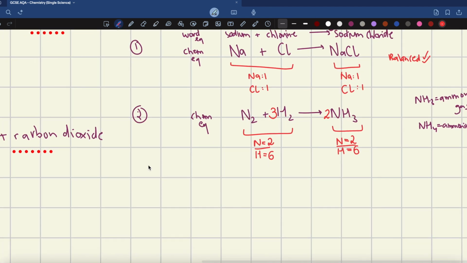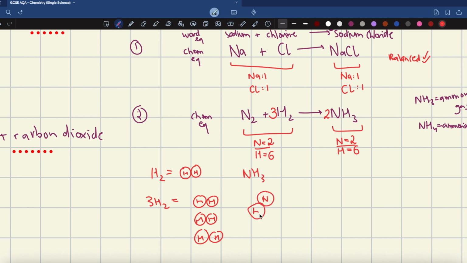Let me make it easier for you. When there is H2, that means 2 particles of H joined together have formed a molecule. If I say this is 3H2, that means there are 3 of these H2 molecules. This is how I want you to visualize this. When I say NH3, that means there's 1 particle of nitrogen bonded to 3 hydrogens.